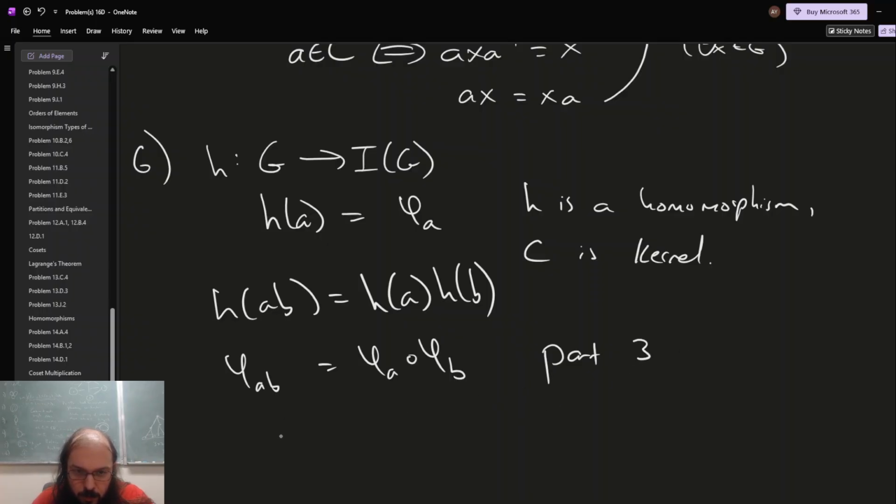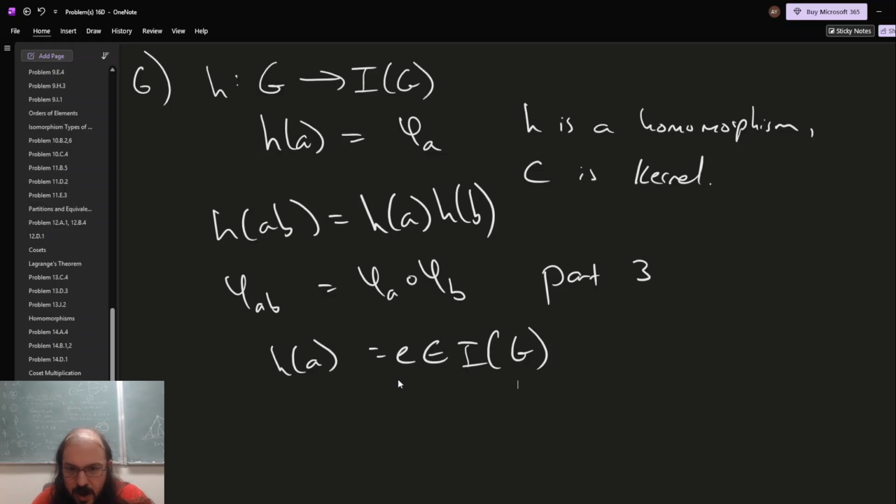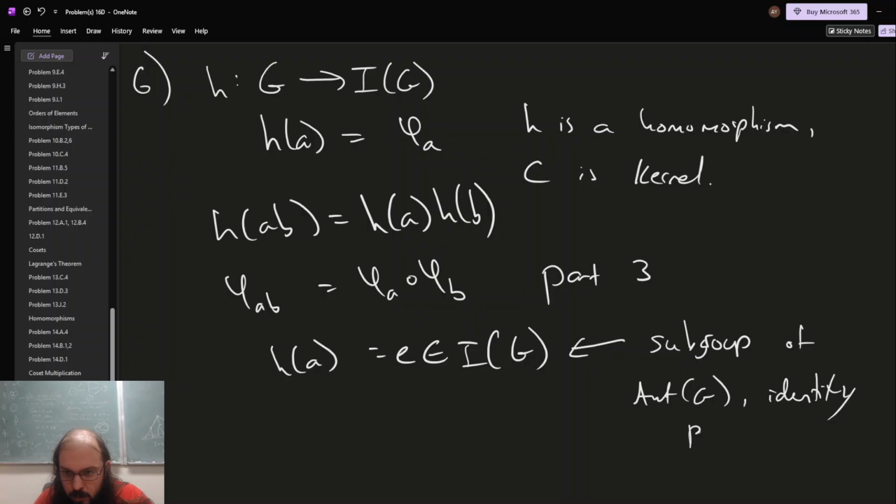And then the kernel is the H of A such that this is the identity element in I of G. Well, the elements of I of G are the things that, as a subgroup of Aut G, are the permutations. So we're asking for the identity permutation, right?